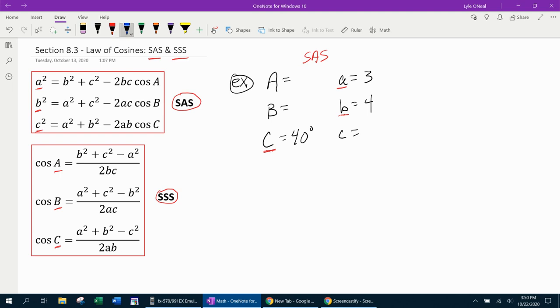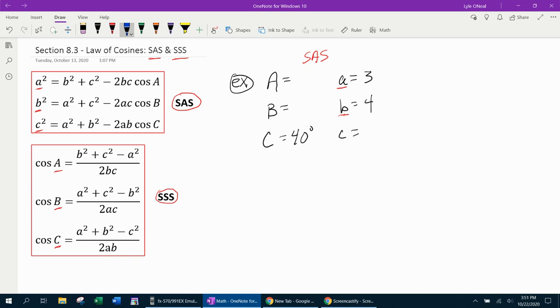The other thing to notice is that we are given an angle, but we do not know the side across from it. If you have an angle and the side across from it, then the law of sines will apply. But since we do not have an angle and the side across from it, that's how we know the law of cosines will apply.